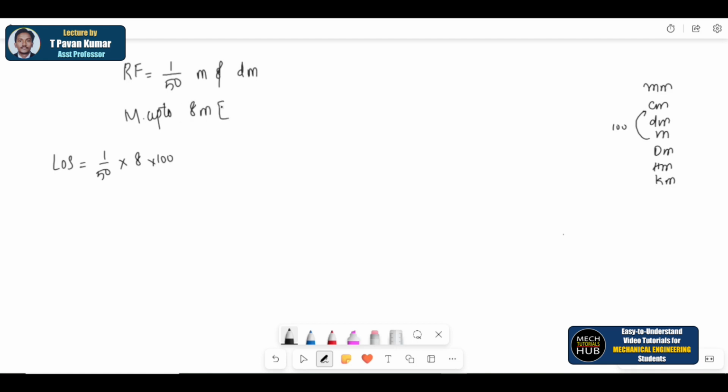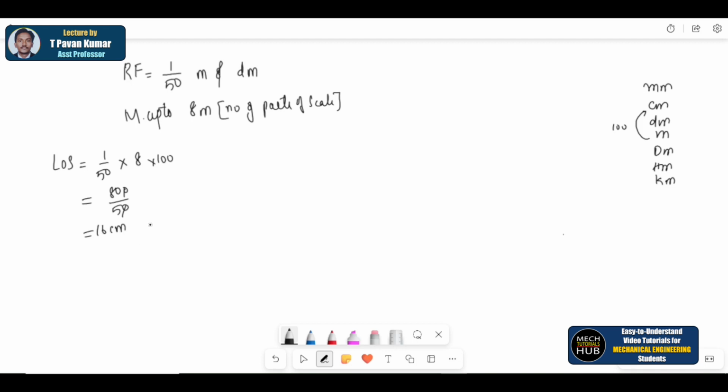This maximum distance stands as the number of parts of the scale, whatever the scale length we calculate. After calculation, what are we going to get? 800 divided by 50, 16 centimeters.